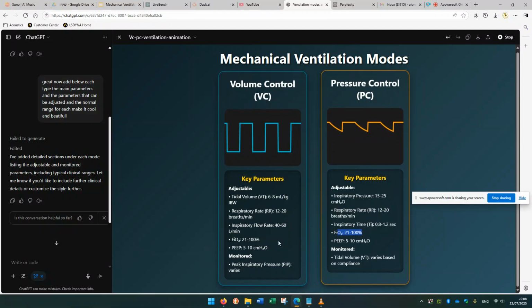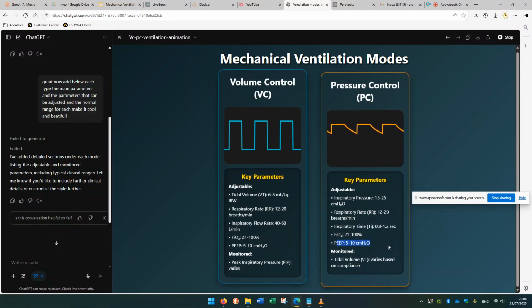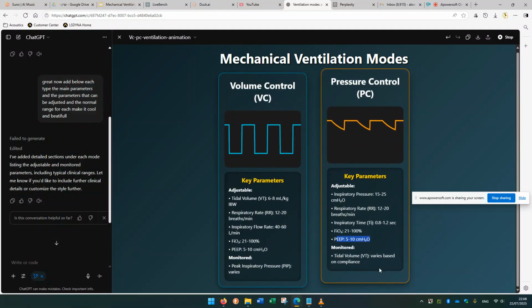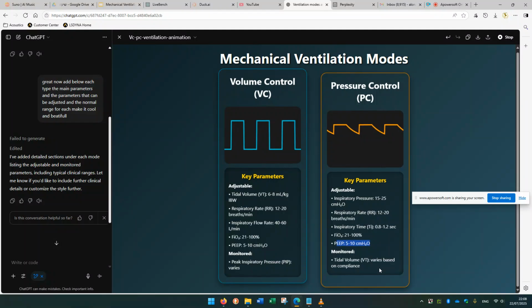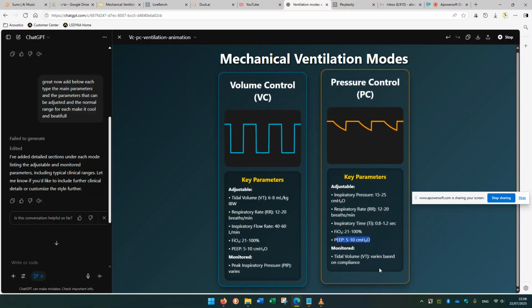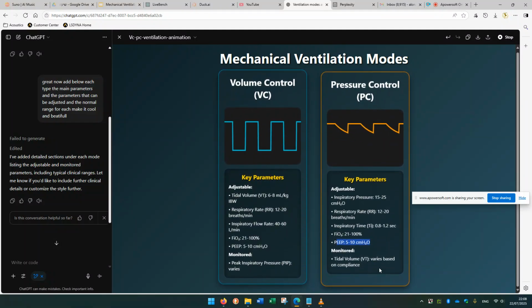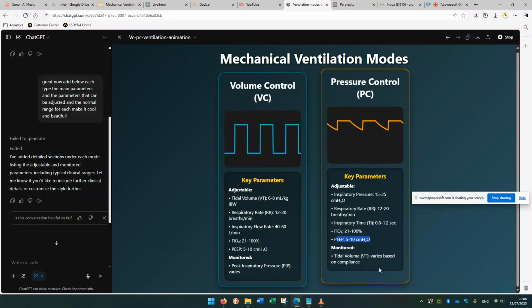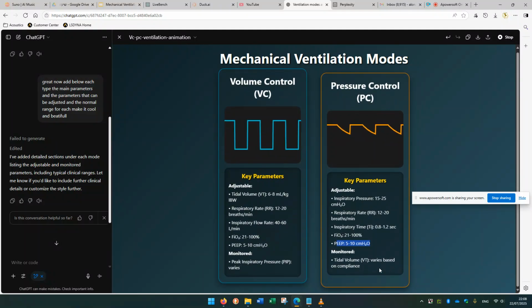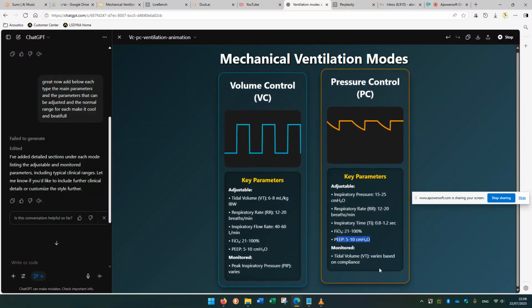FiO2 again is the percentage of oxygen in the air I give the patient, and PEEP, as we said, positive end expiratory pressure, is the pressure that stays in the alveoli, in the lung, at the end of expirium, the end of the exhalation of the patient, such that the alveoli won't collapse, preventing atelectasis, for better ventilation.